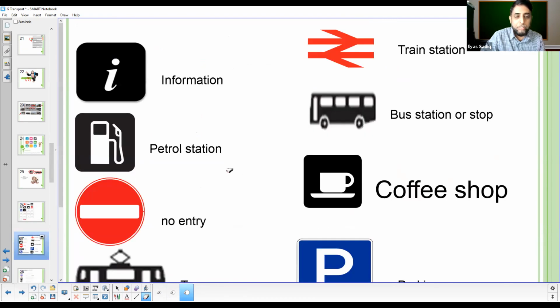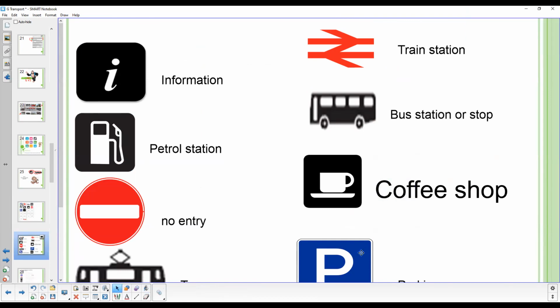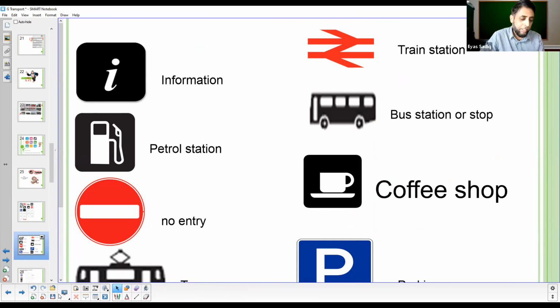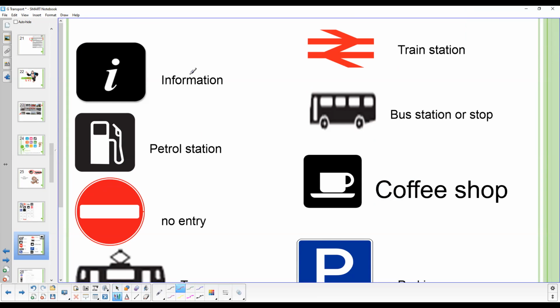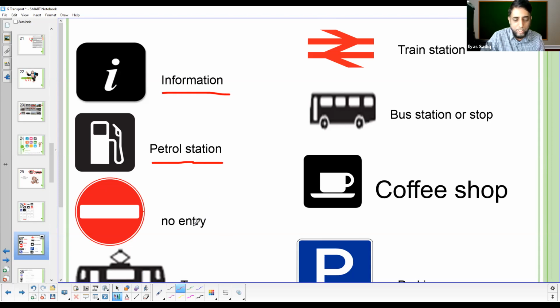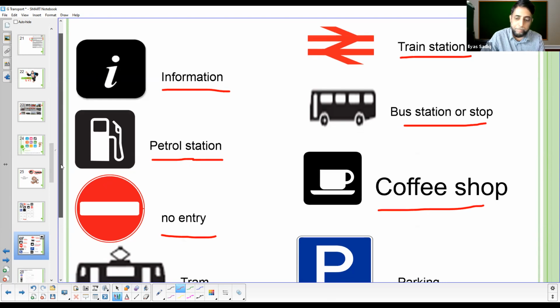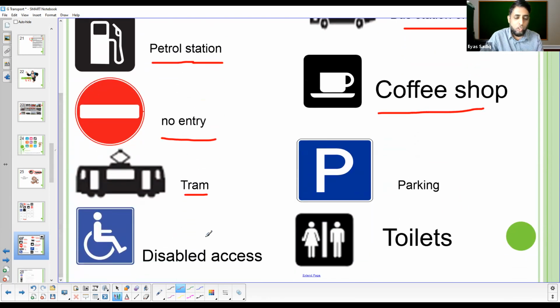All right, as we've seen this already, here we can see that this is information, petrol station, and then this is no entry, train station, bus station or bus stop, used for both, coffee shop, parking, and tram, disabled access, and toilets.